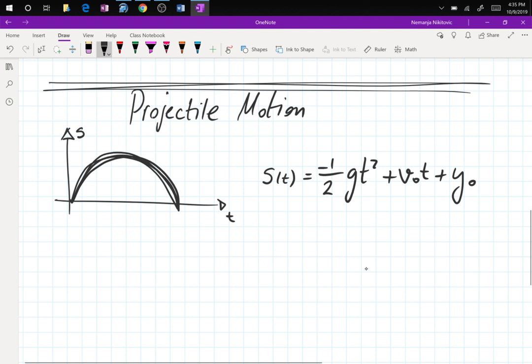Then you have the v0. That's your initial velocity. Did I just do a little toss, or did I really scale it? That's going to be the v0, and then y0, the height from which you are tossing, which is why you want your basketball players to be as tall as possible, because it's much easier to make the hoop if you're shooting from 7 feet height than if you're shooting from 3.5 feet height.